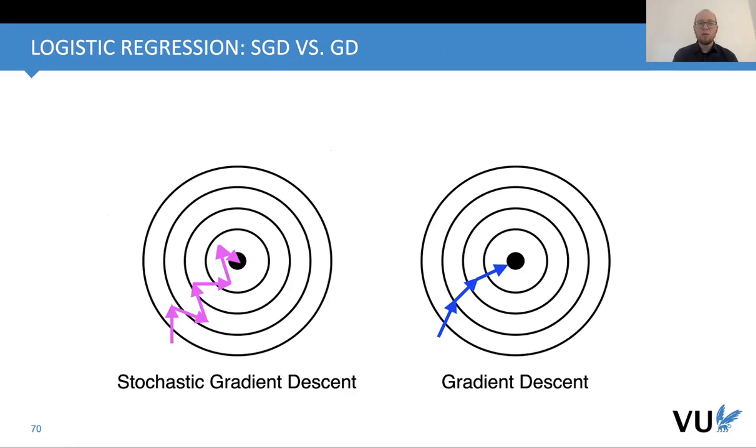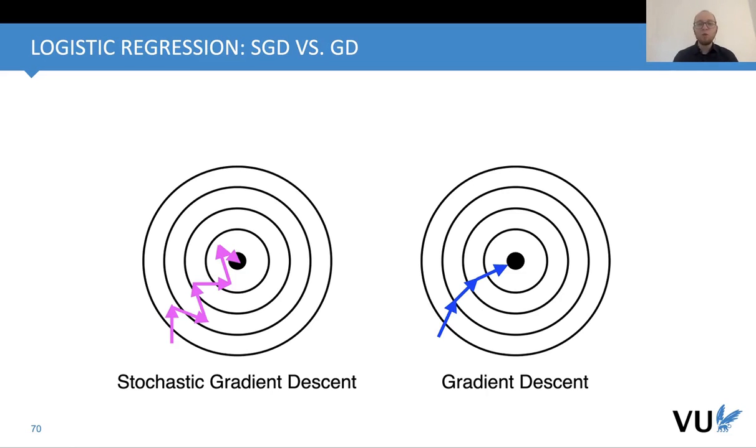To get a feeling for how these two algorithms work: with stochastic gradient descent, if the goal is to get to this big dot in the middle, it will make random moves, not necessarily straight to the point, but a little bit left, a little bit off, back to the left or right, off again.